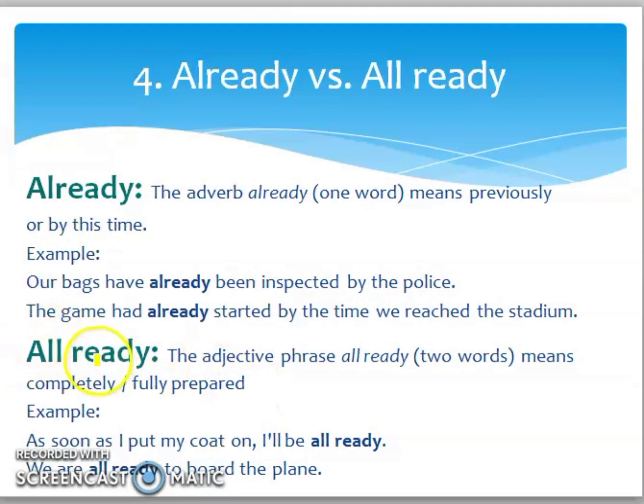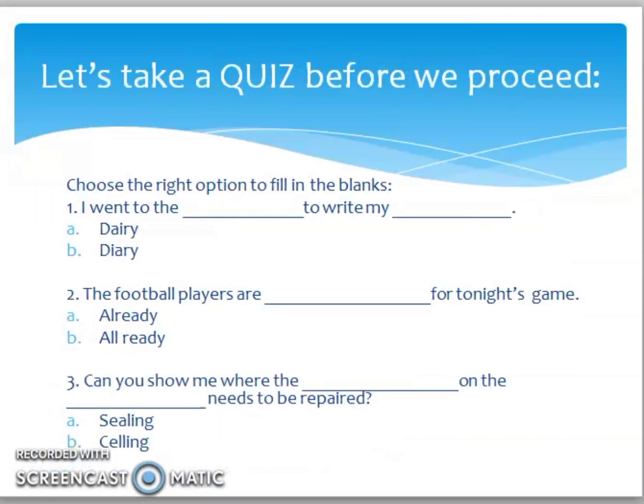So we will be using which one? All ready with space. Let me come back to the quiz. So all ready with space. So the right answer is D. The football players are all ready for tonight's game.